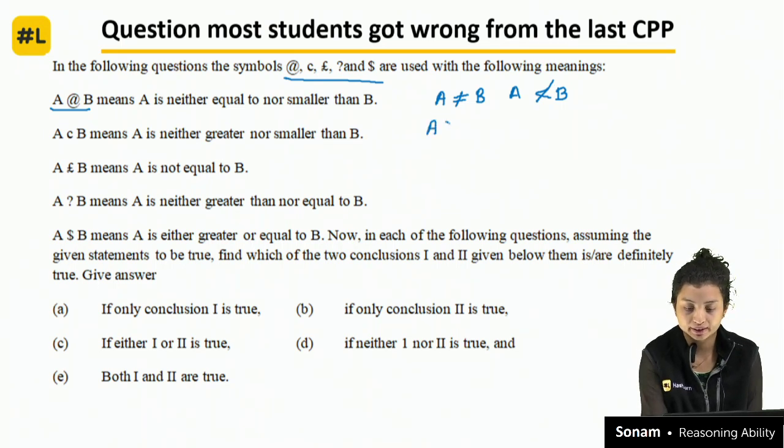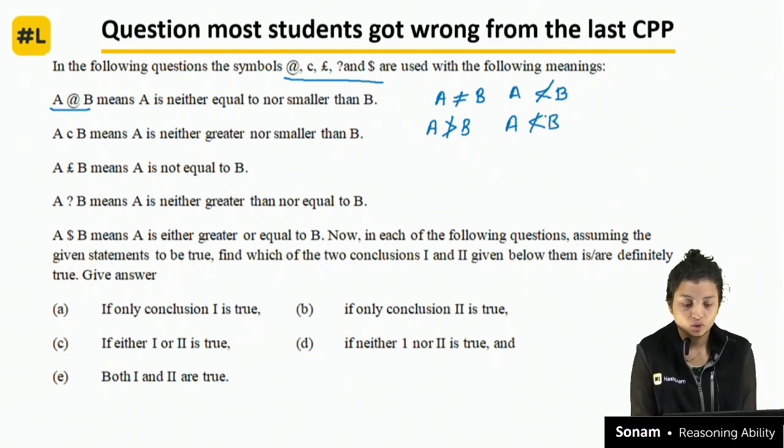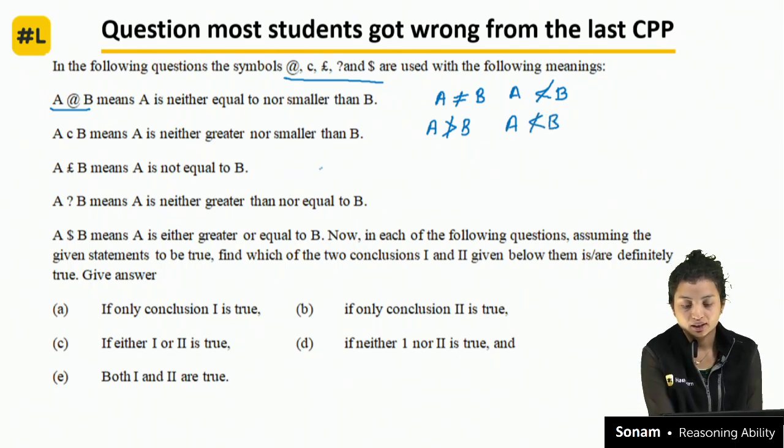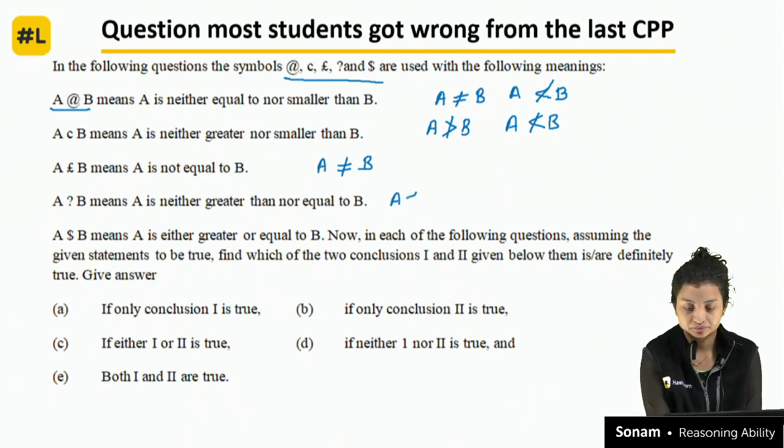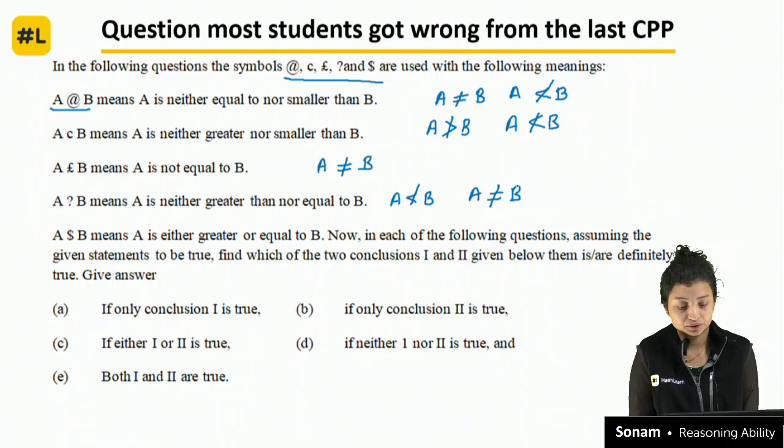A is neither greater than B nor smaller than B, correct? What does the third statement mean? That A is not equal to B, okay? And the fourth statement, A is neither greater nor equal to B, okay? So these are the statements given to you, these are the meanings of the symbols.